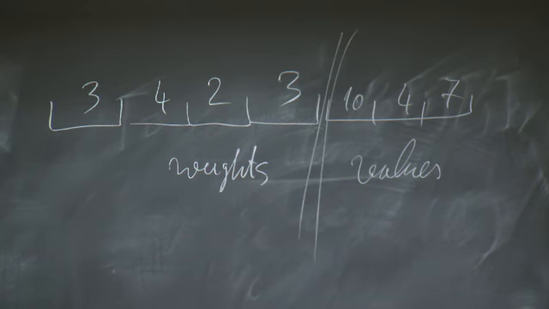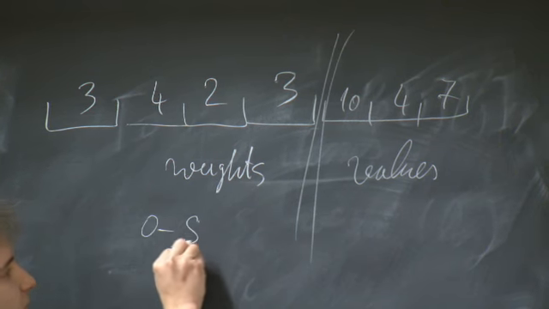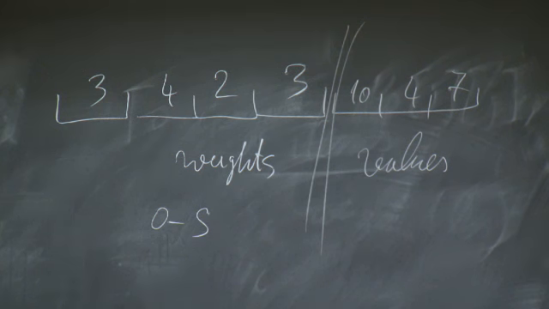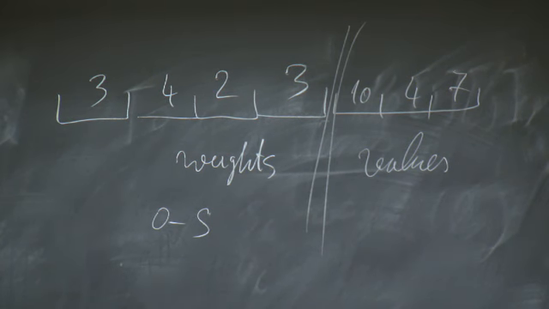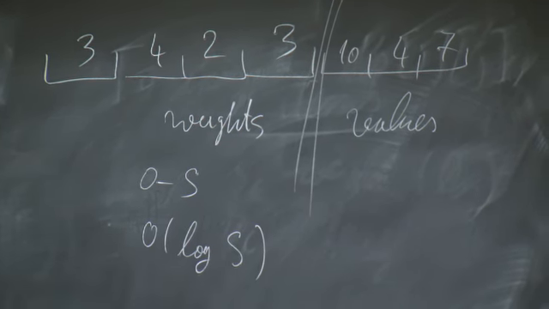The weights have to be between 0 and what for the problem to make sense? If I have a weight bigger than s, I know I'm not going to take that item. So how many bits do I need to represent these weights? It's log s plus 1 technically, but if I write order of log s, I'm good.